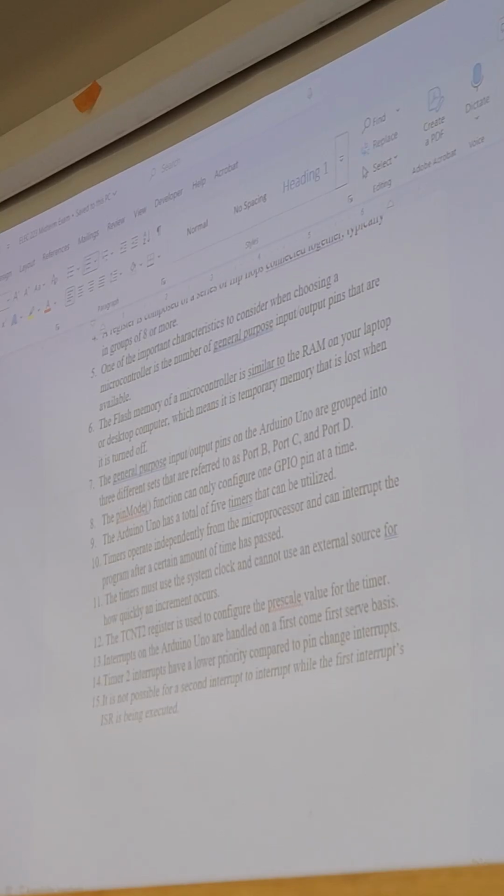For question number 13, the interrupts, this is where I think there might have been some confusion in how some of the short answer questions were responded to. It is technically first come, first served, in terms of as the interrupts are happening, the most recent one is handled.